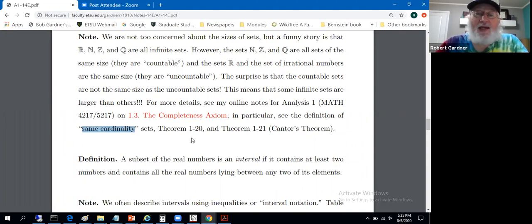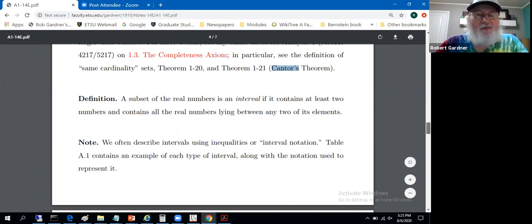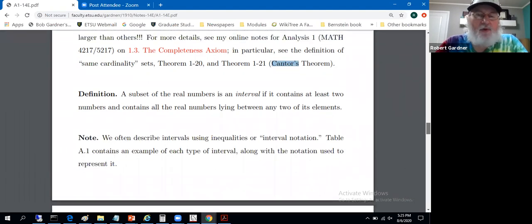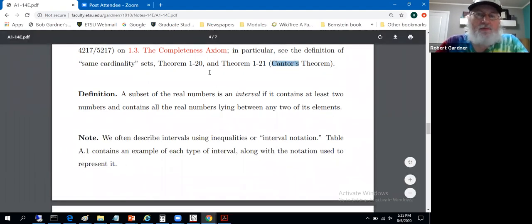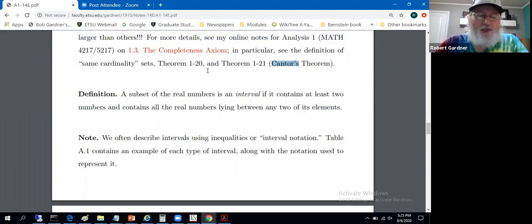These ideas date from around 1900, give or take a little, and they're due to a chap named Georg Cantor. But there's some wild stuff out there waiting for you in your mathematical career if you pursue it to this level. Once you've had an introduction to proof class, you could take these classes as a junior, for example.